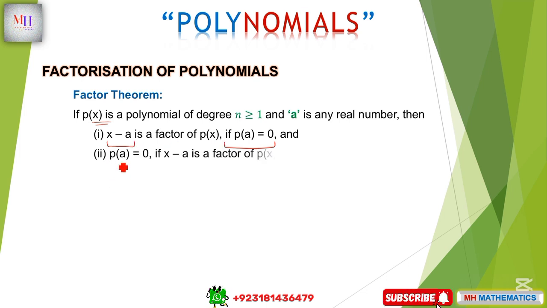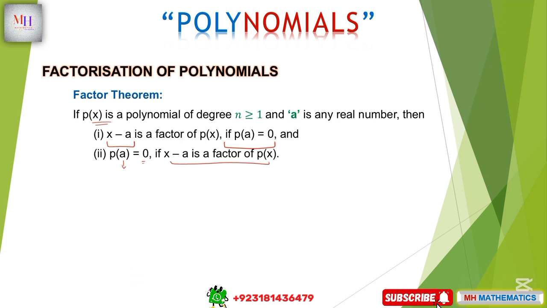The second one is that p of a is equal to 0 if x minus a is a factor of p of x, which means that if x minus a divides the polynomial p of x, then a will be the root of p of x, which means that if we put a in p of x, the answer will be equal to 0.